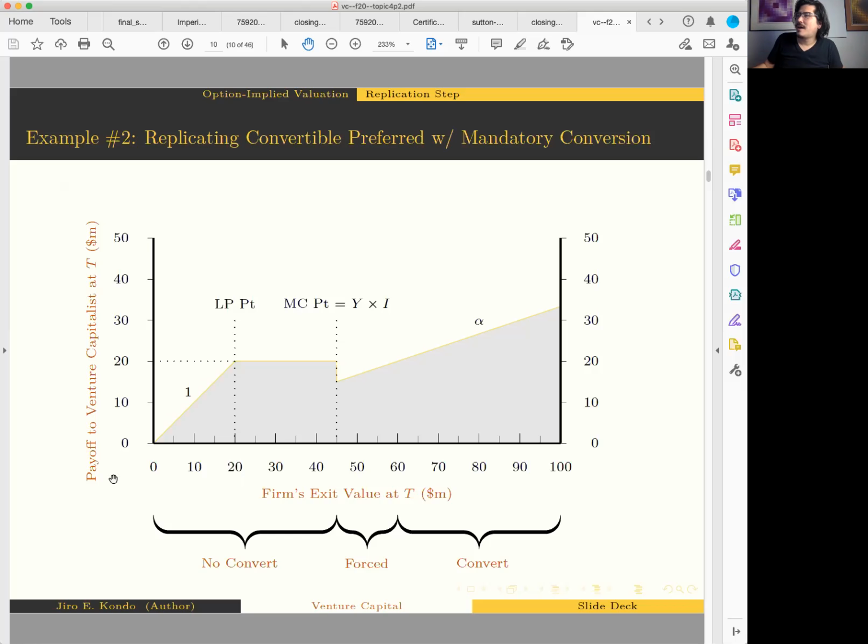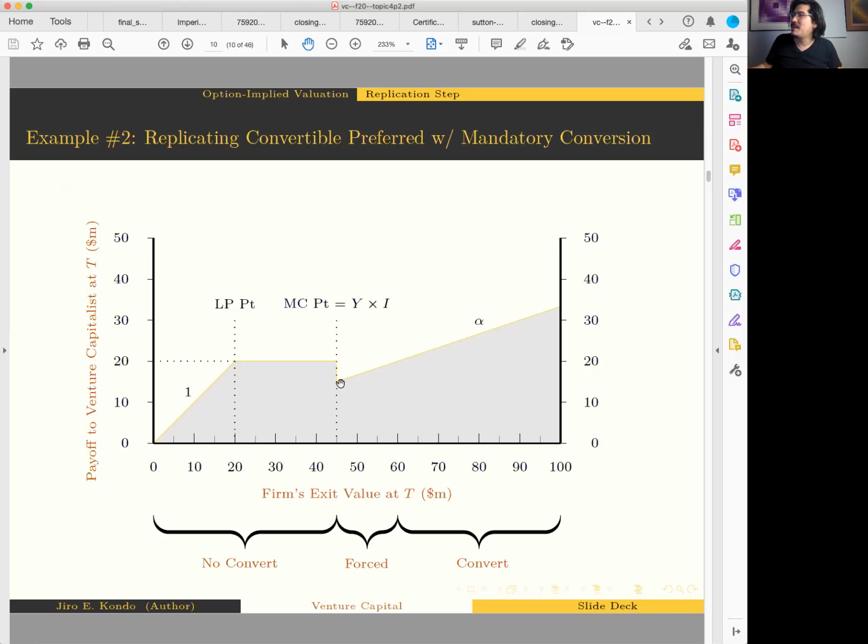And then I go short 5 CNBCs because there's a drop of 5. So short 5 units of CNBC on entire startup with a K equals 45. And again, T equals 5 years because we're assuming the payoffs happen in 5 years.